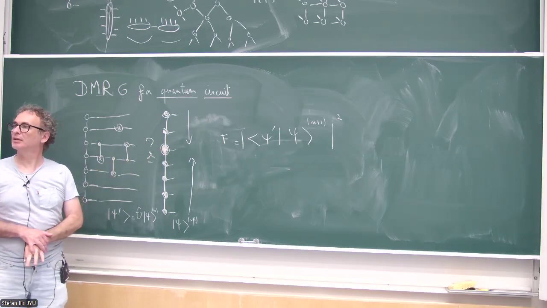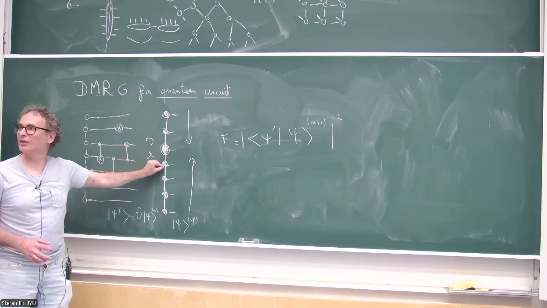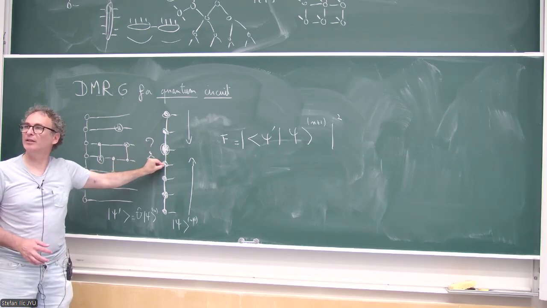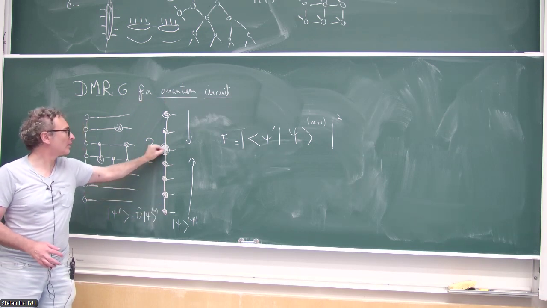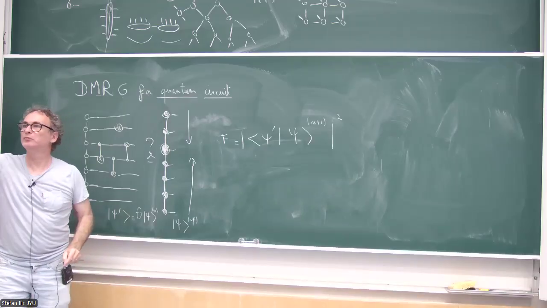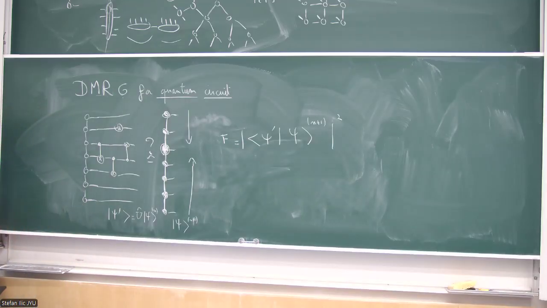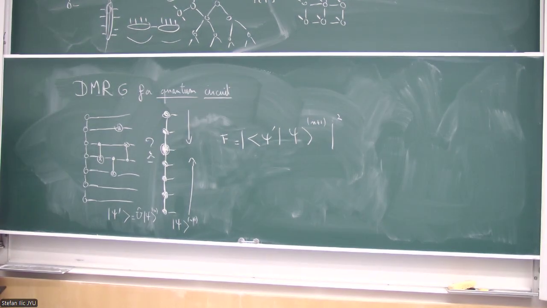When it is optimized, I move to the next one, move the orthogonal center, optimize this one, go down, and then up, and down, a few sweeps, let's say 5 or 6, and usually you see that nothing moves anymore. Your DMRG has converged. Okay? That's DMRG.